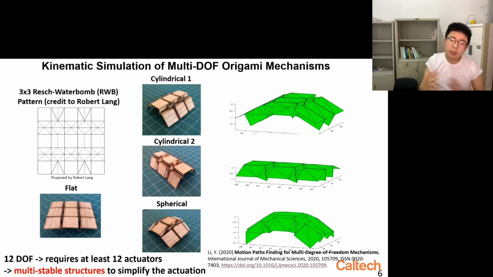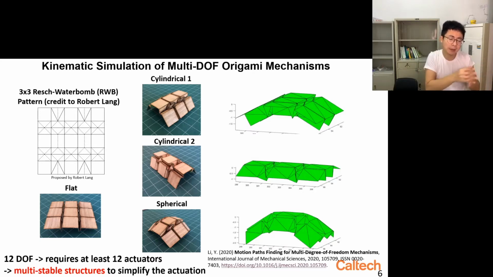Then we might just need to use a few actuators to pull it out of one stable state and guide it to vaguely go into another stable state, and the energy itself will attract it. We help with a few actuators to guide it into another stable state, and it will stay there by itself, and then we can release our actuation. So that's the idea.